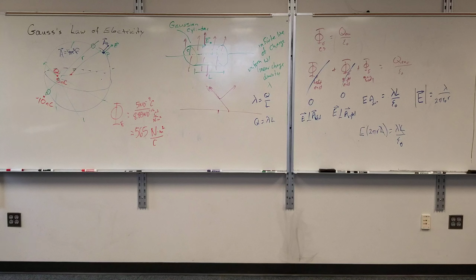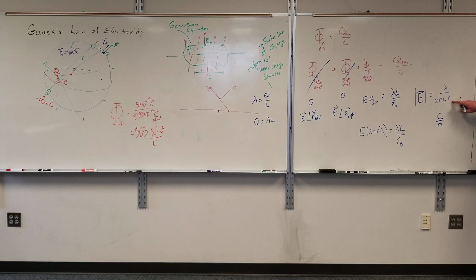What are our units? Units of the electric field? Newtons per coulomb. And we can verify that. This lambda is charge per unit length, so our units would be coulombs per meter.